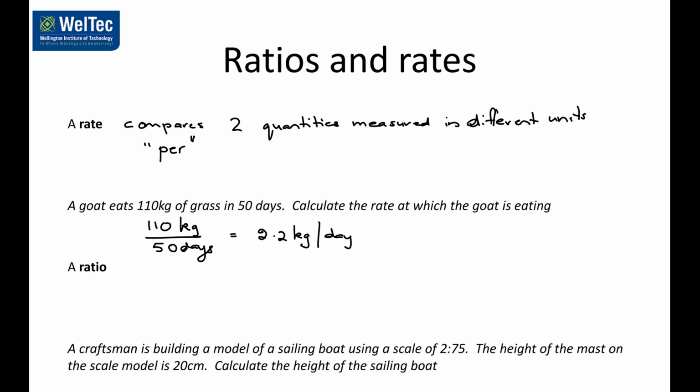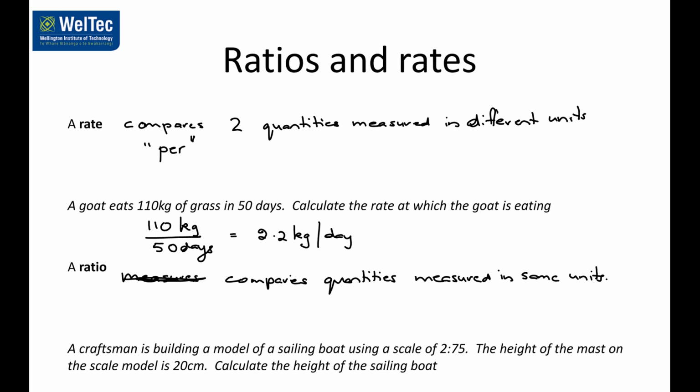A ratio, though, measures or compares quantities that are measured in the same units. So if we have a look at the example there, a craftsman is building a model of a sailing boat using a scale of 2 to 75.